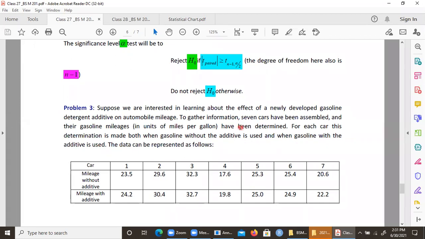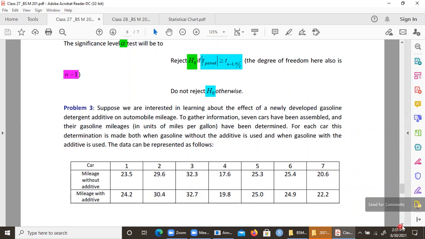So see, the sample they have selected remains the same. One is without the additive and another is with the additive. That's why it is called a paired sample t-test. They have obtained mileages without additive and with additive for these 7 cars.